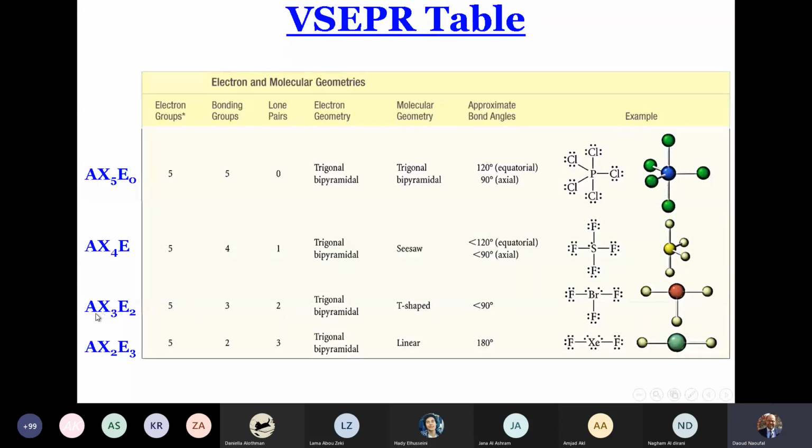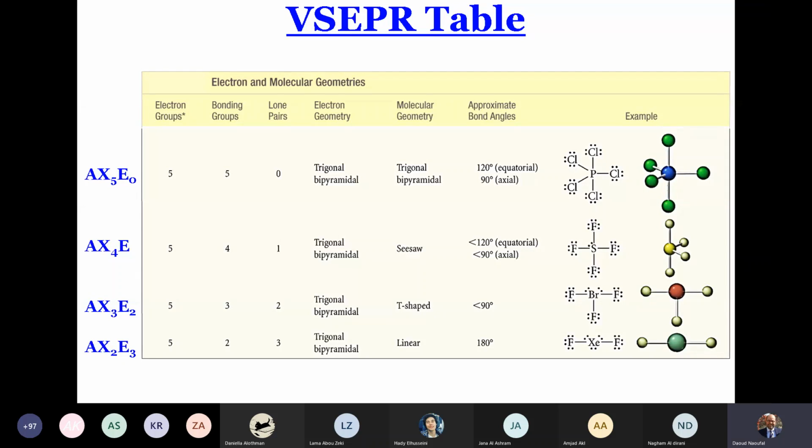What is the figure of repulsion of AX3E2? The figure of repulsion of AX3E2 is the same as AX5. We have 5 lobes, 3 lobes for AX and 2 lobes containing one pair of electrons each. As I said previously, the lone pairs in the AX5 type prefer the equatorial.